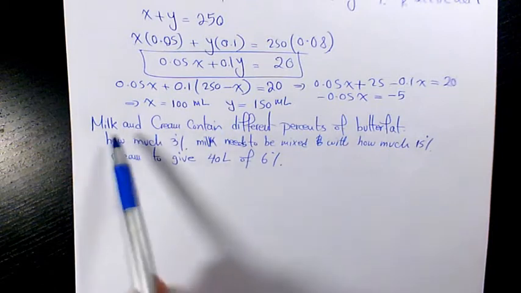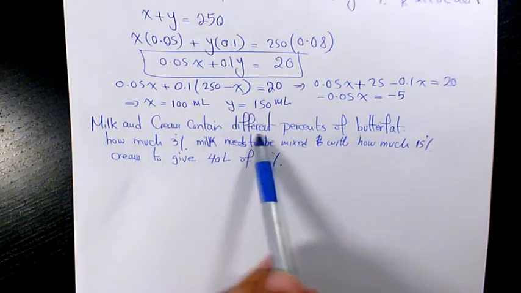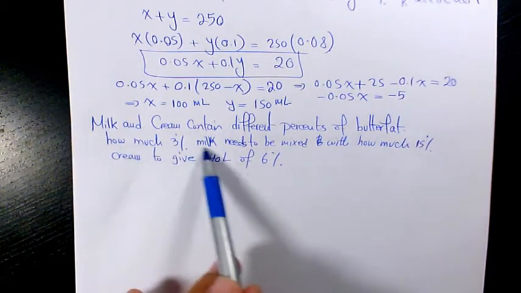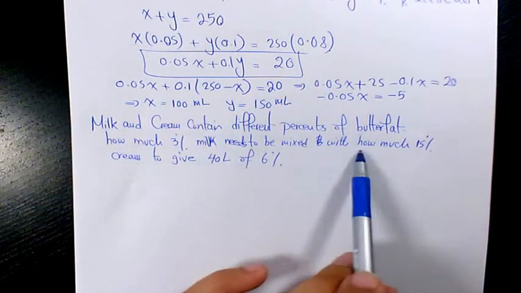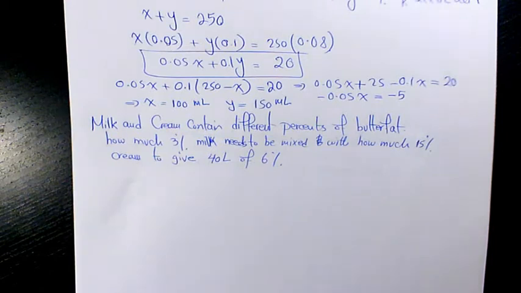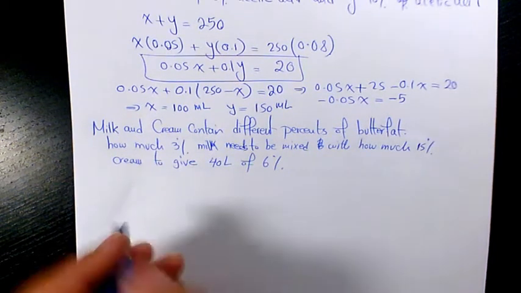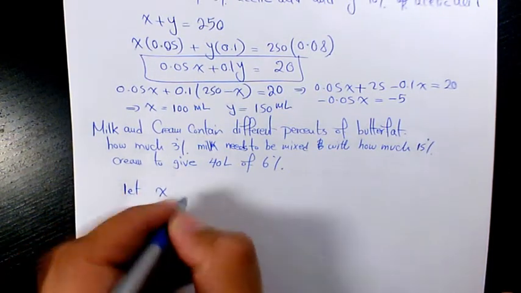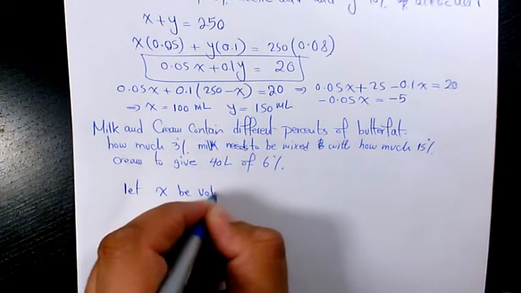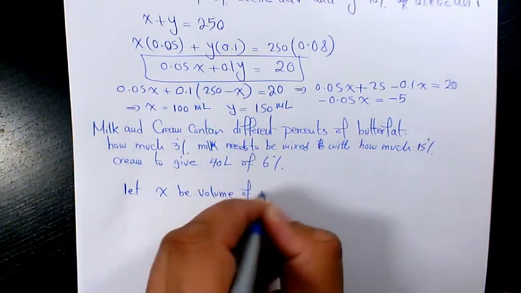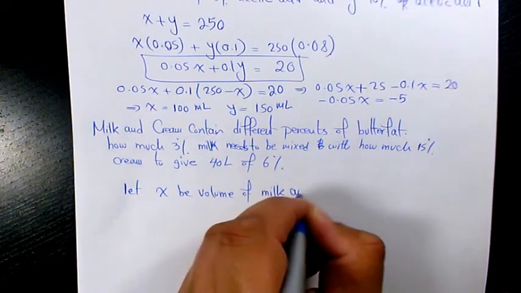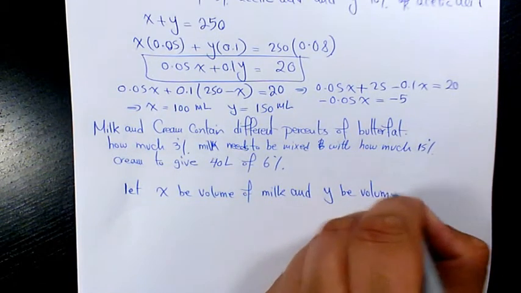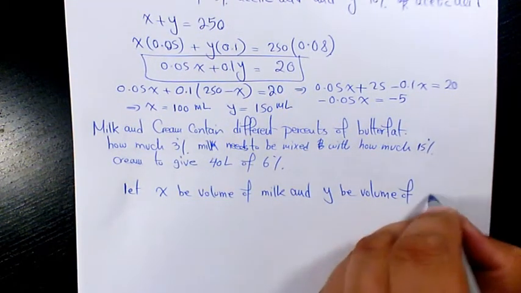Next one. Milk and cream contain different percents of butter fat. How much 3% milk needs to be mixed with how much 15% cream to give 40 liters of 6%? So we're going to say let X be the volume of milk and Y be the volume of cream.